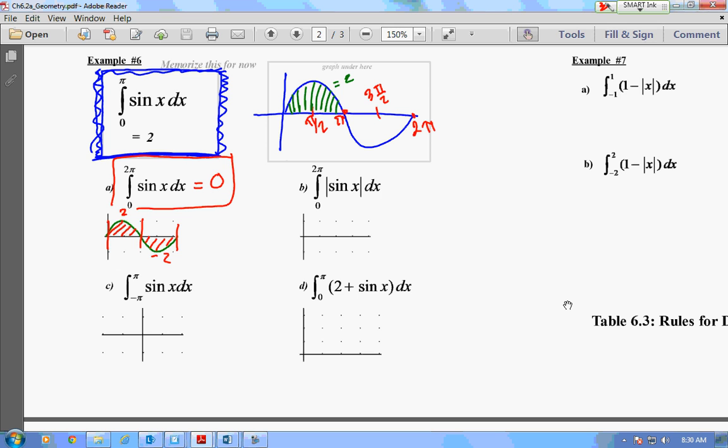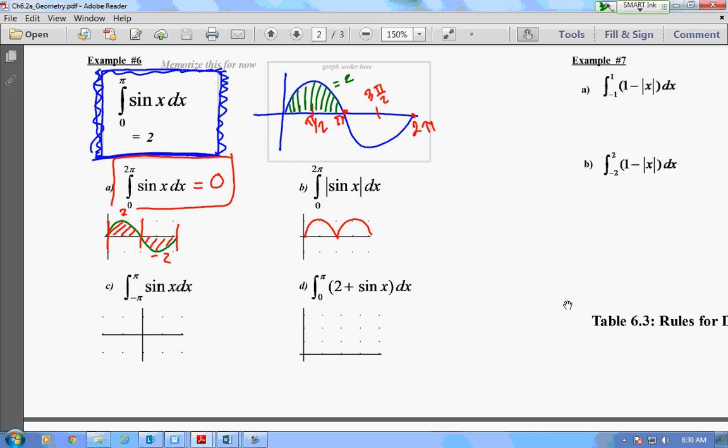Okay, what does the absolute value of sine x look like? Everything has to be positive. Is this chunk positive? Is this chunk positive? No, so how would we make it positive? Flip it up, so it looks like 2 little bumps. Bump, bump.